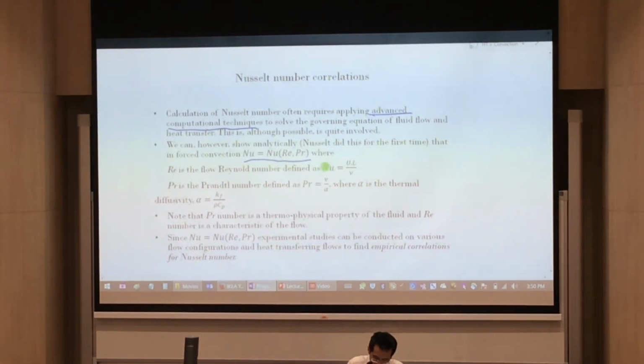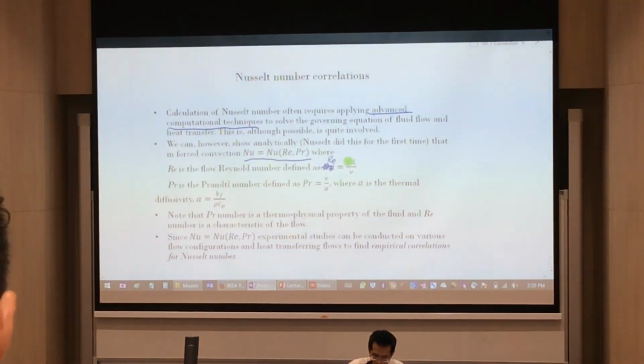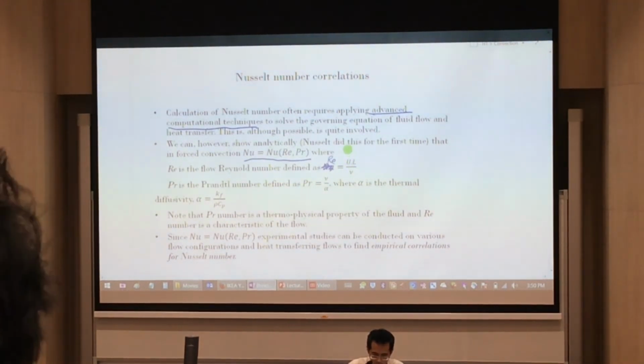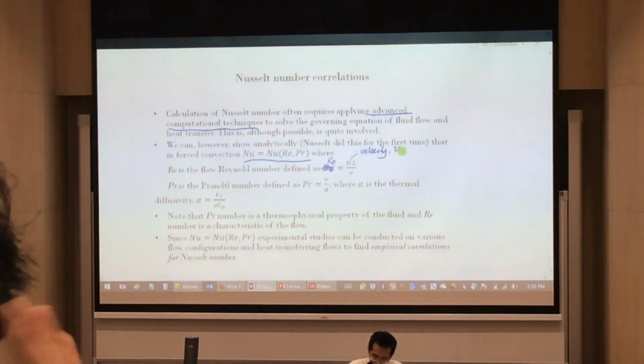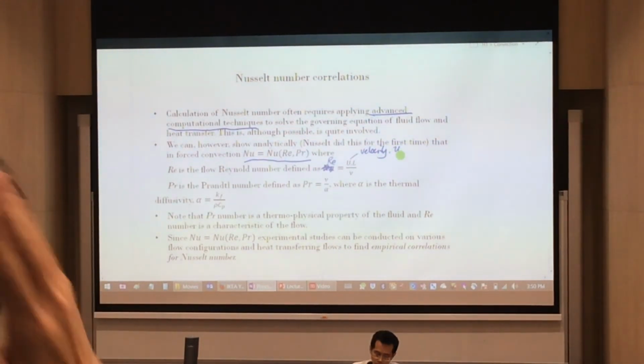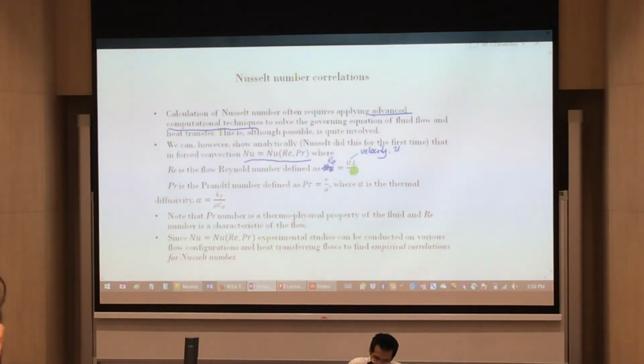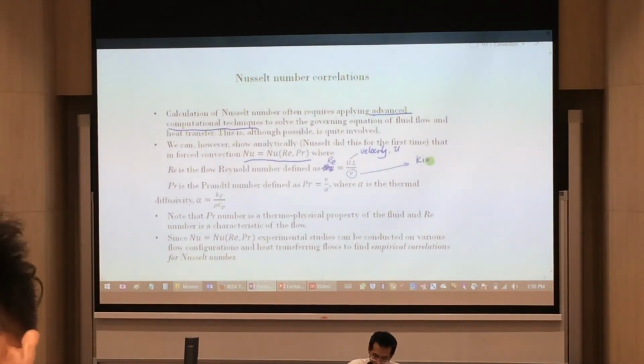This should be Reynolds number. This U, I don't like it to be written like a U because it's a bit confusing. This U is your velocity. Velocity that we have seen before is written in small letter u. But this symbol over here is nu. This symbol is what we call the kinematic viscosity.